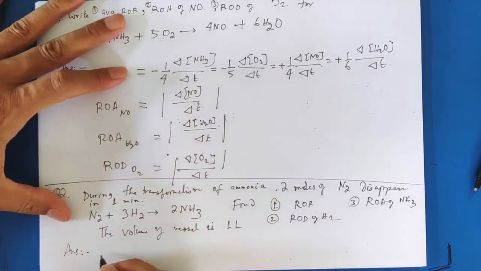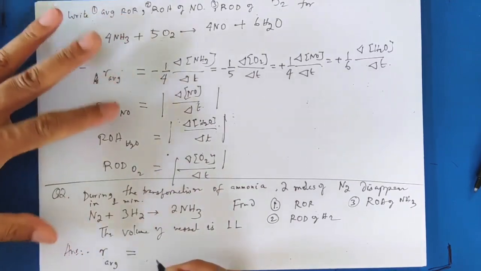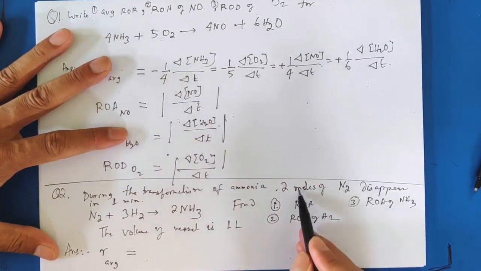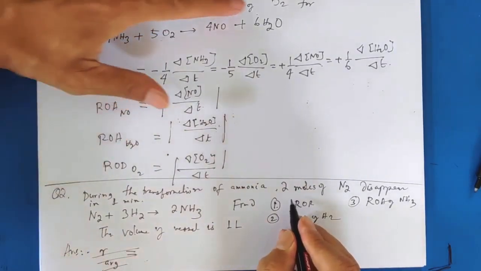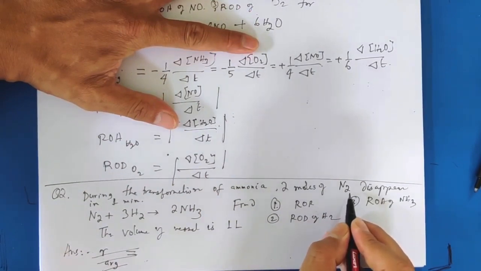Average rate of reactions. What did it say? 2 moles of nitrogen disappear.